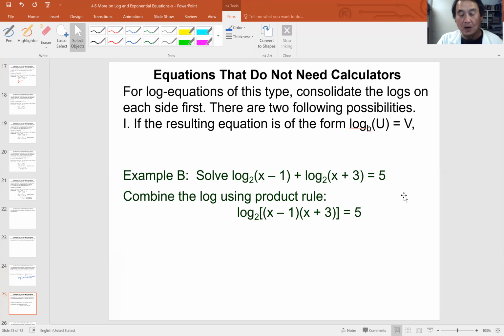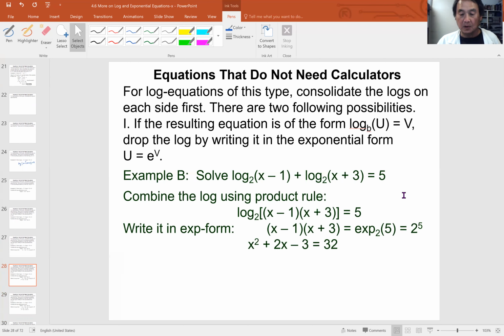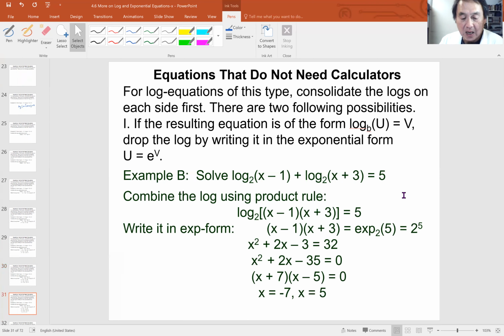Now, once we consolidate the logs into one log, I can rephrase and drop the log using base 2. I will have a second degree equation. 2 to the 5th is 32, then expand x minus 1 times x plus 3, and it's a second degree equation. And then I solve the second degree equation accordingly, and I get 2 answers.